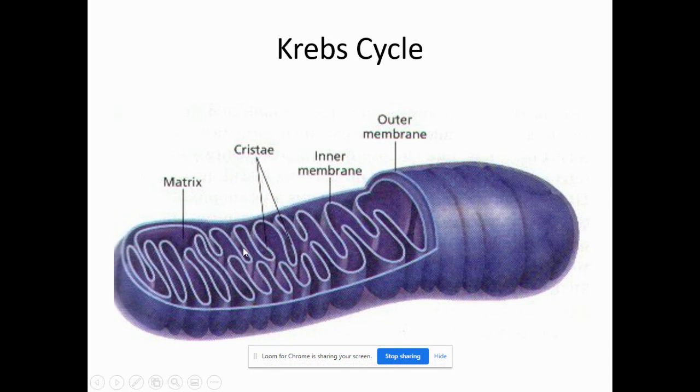If you have more foldings, you have the ability to have more electron transport chains happening at the same time. And if you have more electron transport chains happening at the same time along these foldings of the inner membrane, what will the mitochondria be able to produce more of? There you go, energy. So the cristae increase the surface area of the inner membrane, so more electron transport chains can happen than if they weren't there.